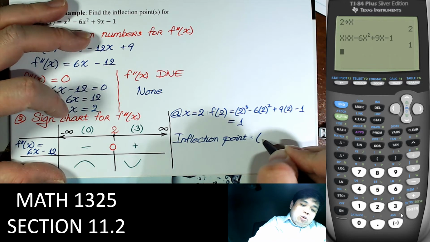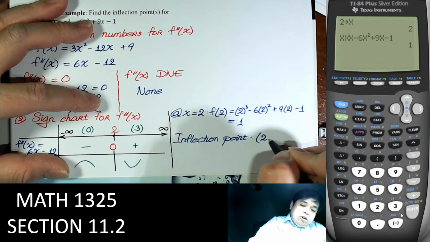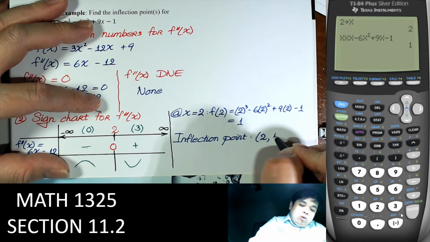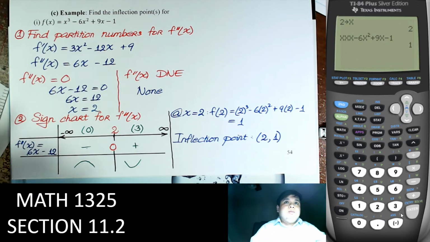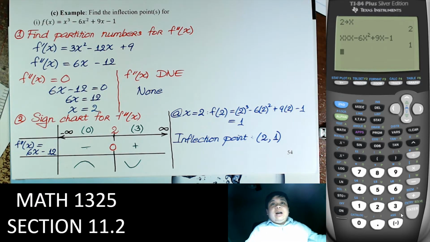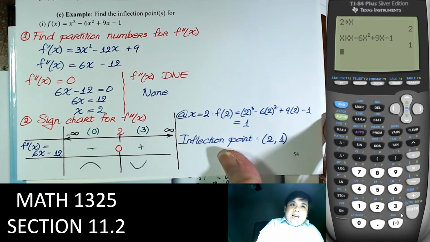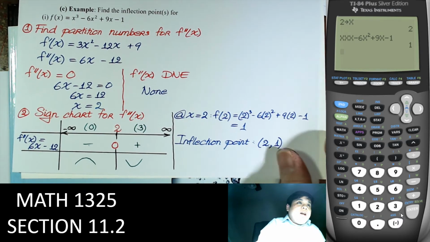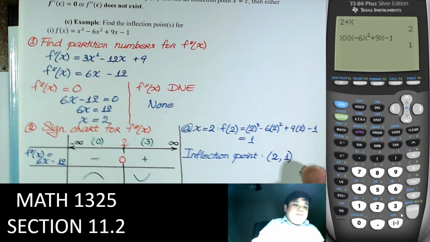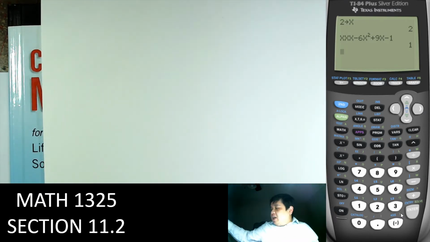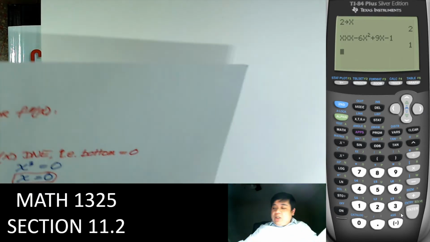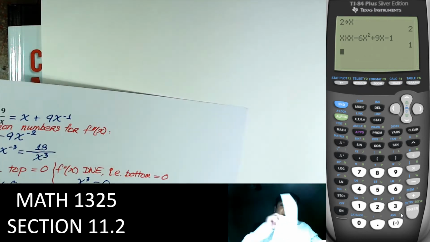When x equal to 2, the function equal to 1. So that's how we find the inflection point. Just find the second derivative, make it equal to 0 or does not exist. And it is a point, so make sure we substitute in the original function and we have the point.